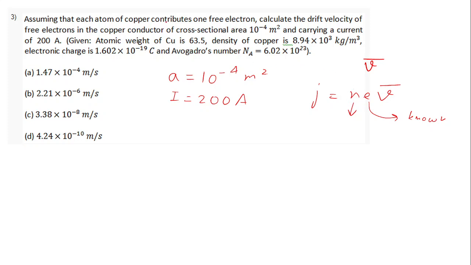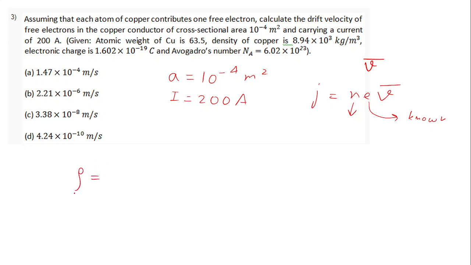Here we are talking about copper, which means every atom gives one electron. Now we will see how to calculate the number density. Here we have been given the density of copper, its atomic weight and Avogadro number. Seeing these values, our mind should immediately go back to the problems we did on density of unit cells and crystals.